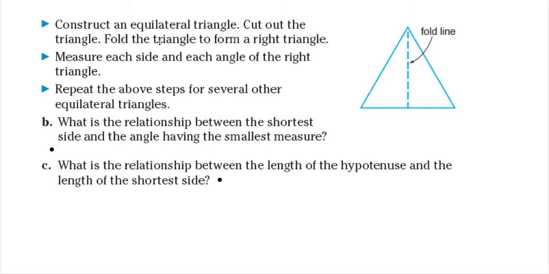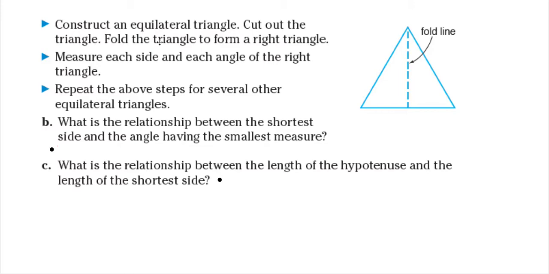We also know that since it's an equilateral triangle, all the angles are congruent. That means all we need to do to find the measure of each angle is to divide 180 by 3. If you divide 180 by 3, we come up with 60 degrees. So this is 60 degrees, this is 60 degrees, and this is 60 degrees.